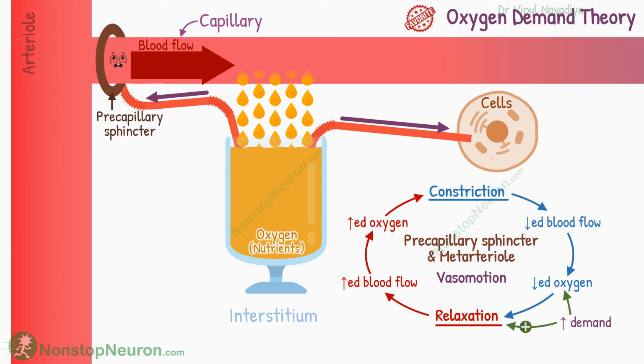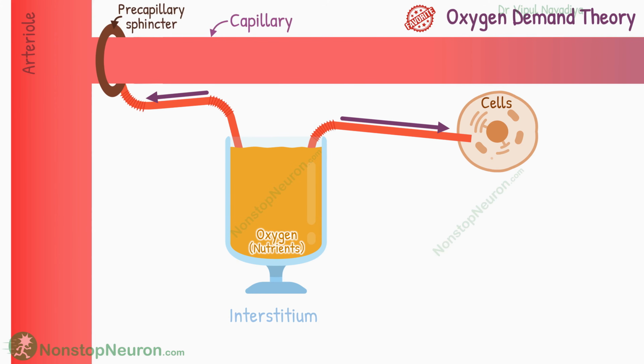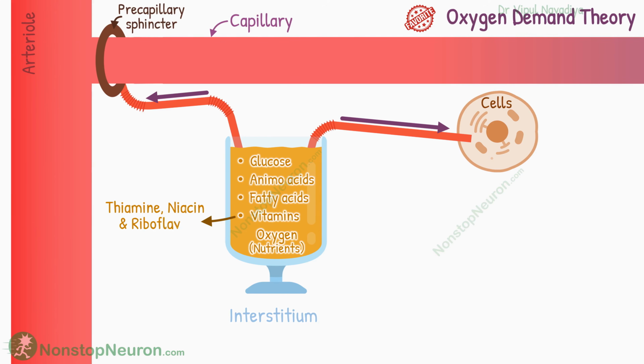Similar to oxygen, other nutrients also affect the blood flow in a similar fashion. For example, glucose, amino acids, fatty acids, etc. Even vitamins can also affect blood flow. For example, vitamin B substances, thiamine, niacin, and riboflavin are required for the oxidative production of ATPs. The ATPs, in turn, are required for muscle contraction.